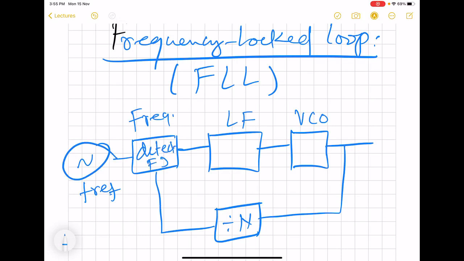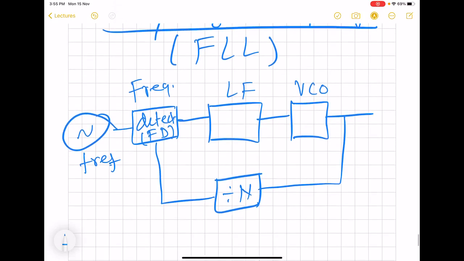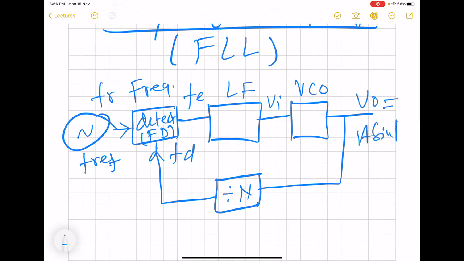That means FD. And in this case also, all the signals are going to be voltages. But for understanding how it works, we will designate the quantities as FREF. So it is FREF which is being fed here, and it is FD which is being fed here, and then F error is being produced here. And this will be, of course, the input voltage. This will be the output voltage of the form A sine theta naught t.